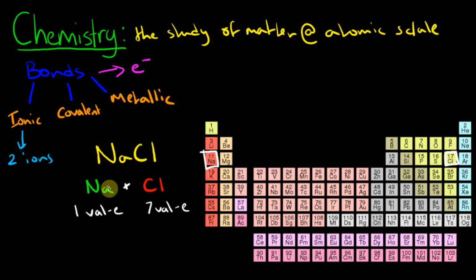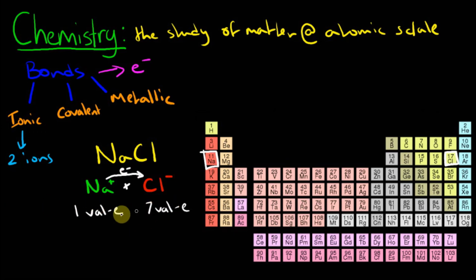So what happens is sodium gives up an electron to chlorine. It just hands it over to it. And that gives sodium a positive charge because it has one less electron. Meanwhile, chlorine has gained an extra electron, so it's got a negative charge.